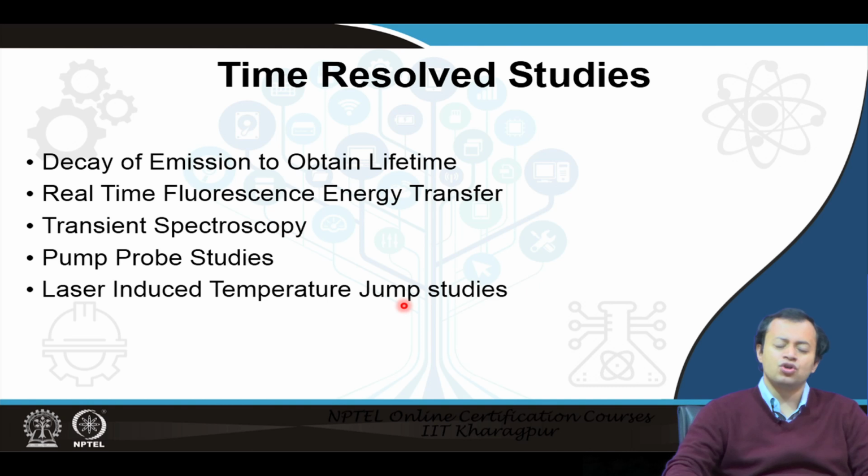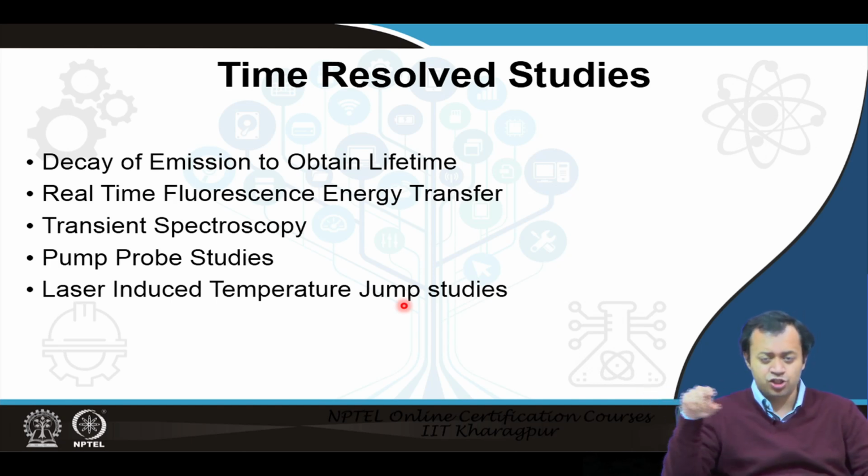You have focused your laser on a particular area of, say, a big protein, say hemoglobin, and then you have increased the temperature, and that increase of temperature will result in several chain reactions. You study all those chain reactions.